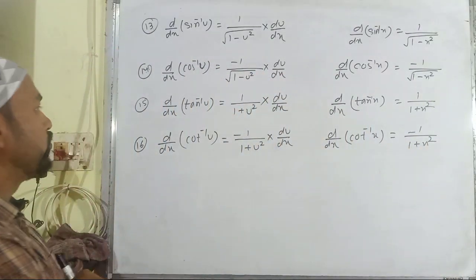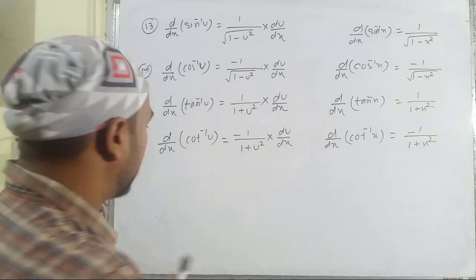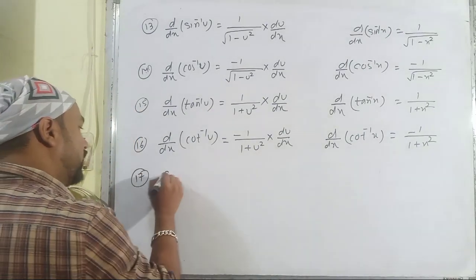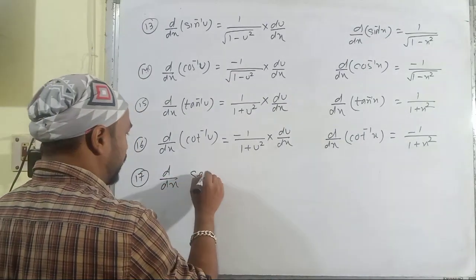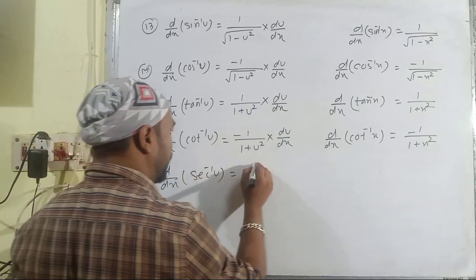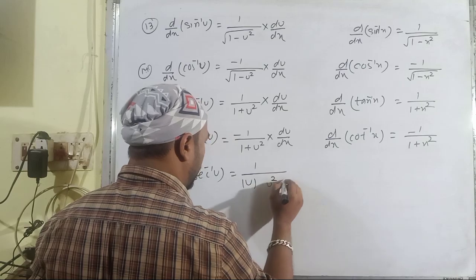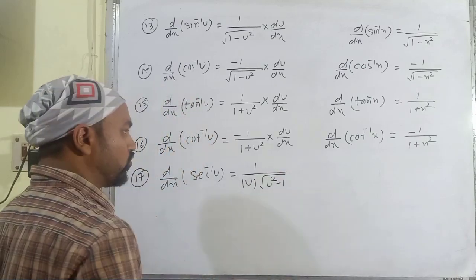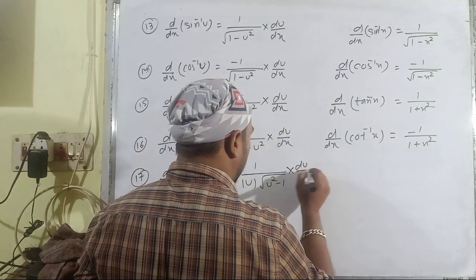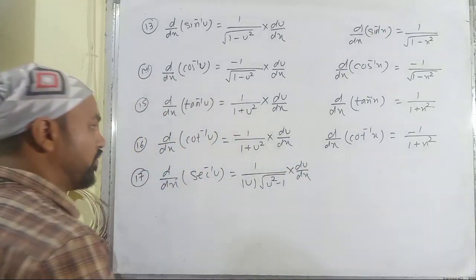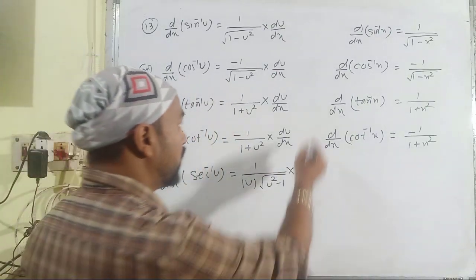Then moving to formula number 17: differentiation of sec inverse u is 1 divided by modulus of u multiplied with the square root of u square minus 1, again multiplied with the differentiation of u with respect to x.